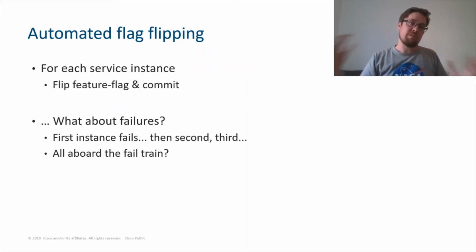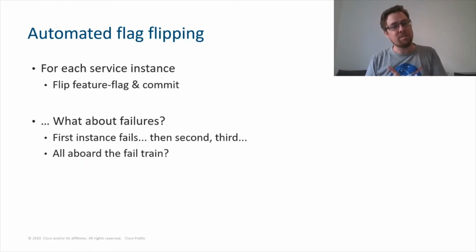Now, if you think of the broader procedure here, what you do with feature flags is that for each service instance, you flip the feature flag and commit that. Now consider the failure mode, which is really nothing, right? You have the first instance, you push that configuration, it fails, but you don't notice. So then you go on to the next one, and you push that, it fails, and no one notices it, and the third, and so on and so forth.